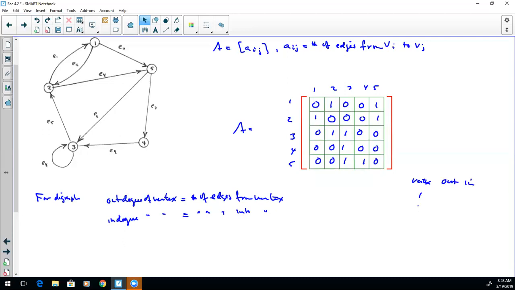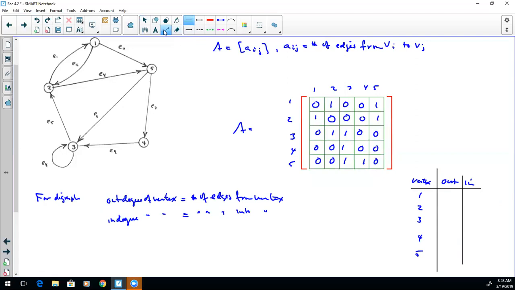So for these, we have vertex 1, 2, 3, 4, 5. Make a little table here. Okay.